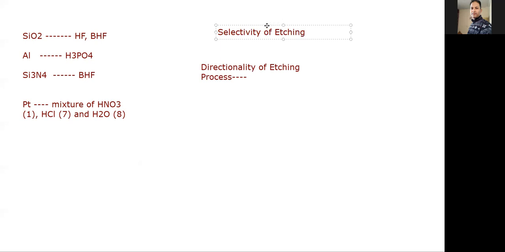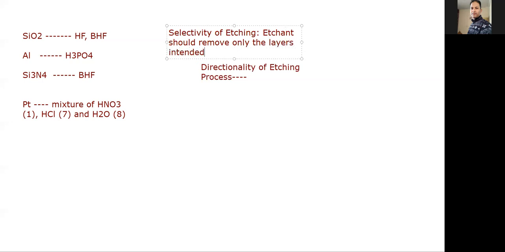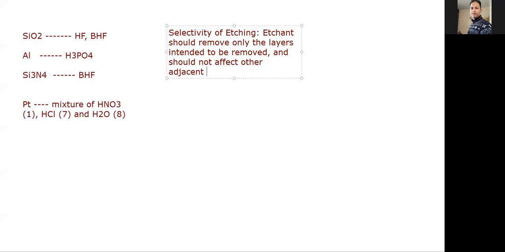What is selectivity? Your etchant should remove only the layers which are intended to be removed, and should not affect other adjacent layers.